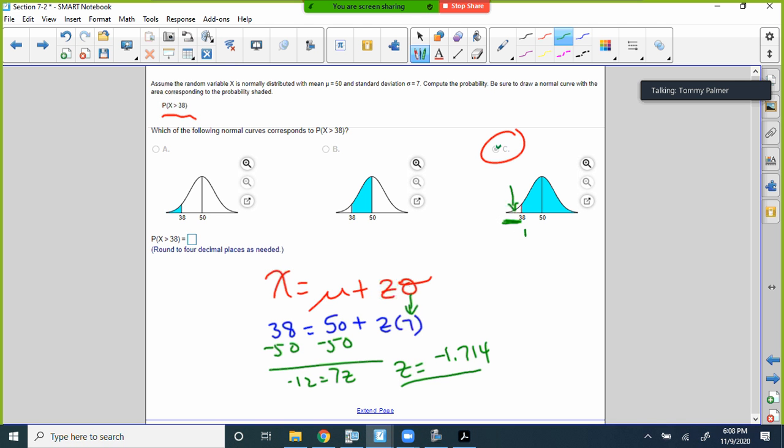Now we have to go to the z-score table and look at basically negative 1.71 and figure out what that area is. And that area is going to come out to be 0.04363.